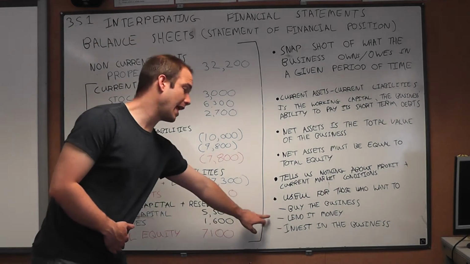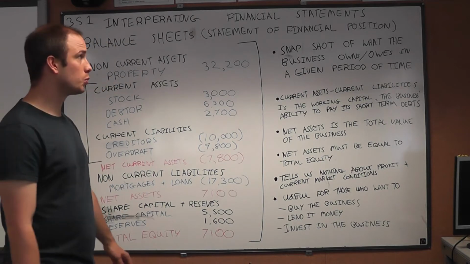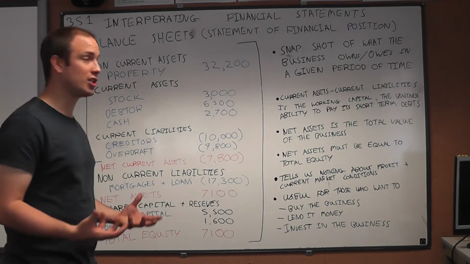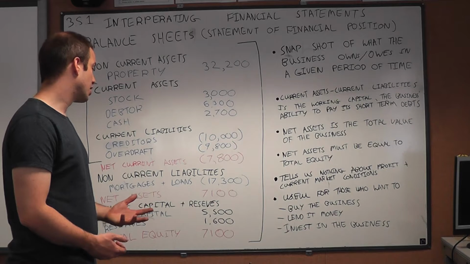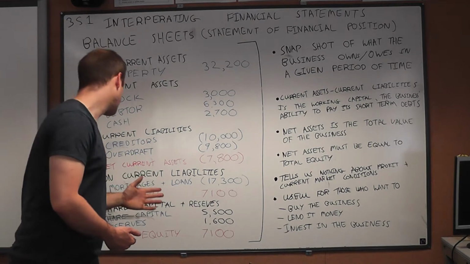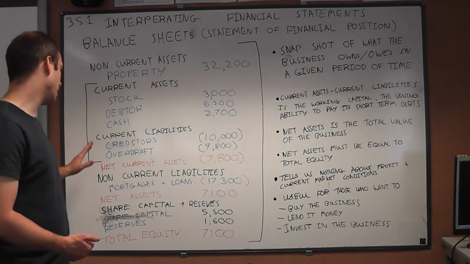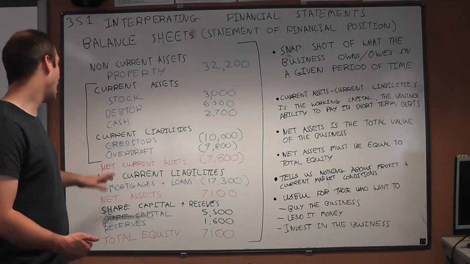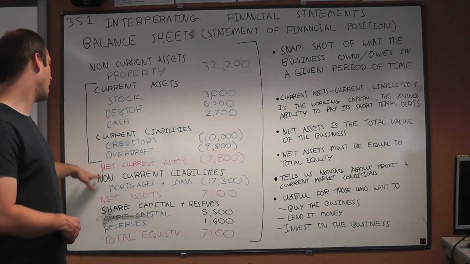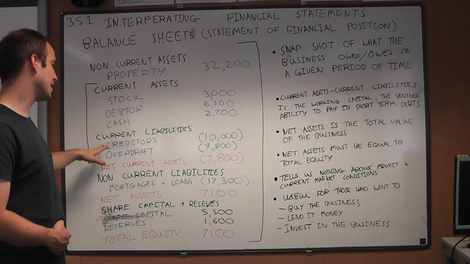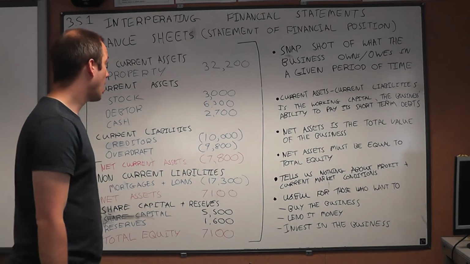If you wanted to lend this business money, you would want to know how much debt this business is already in. So you would look at the non-current liabilities, and you would look at the current liabilities, and you can see how much they owed.